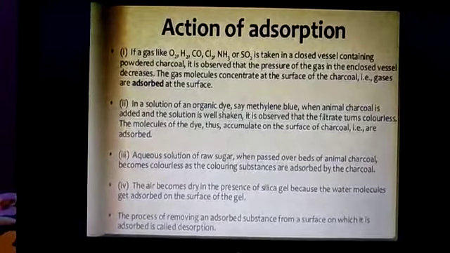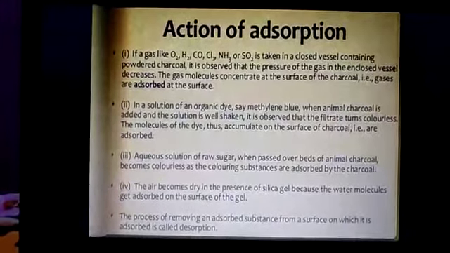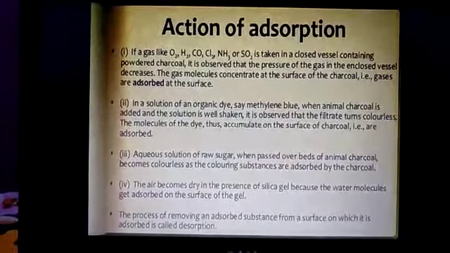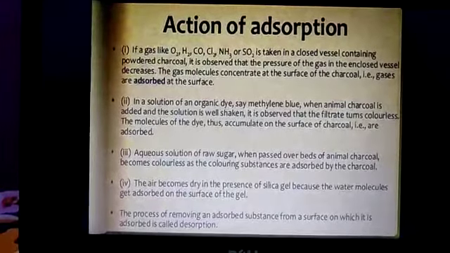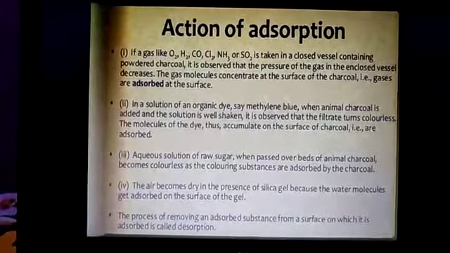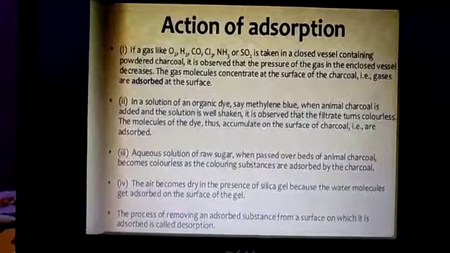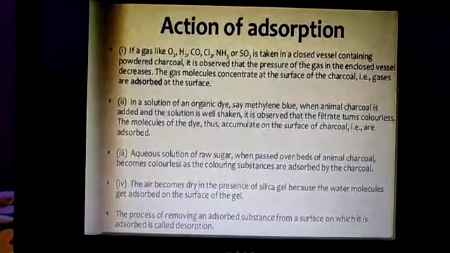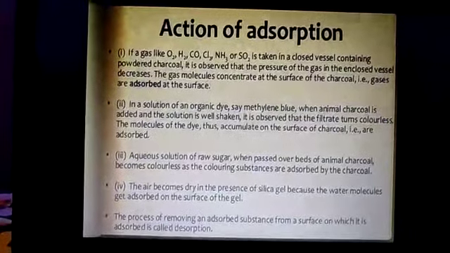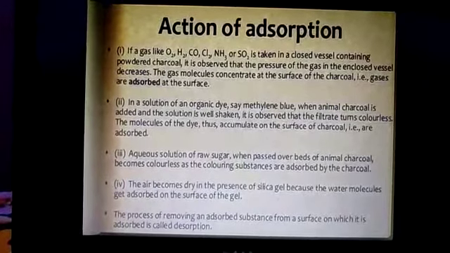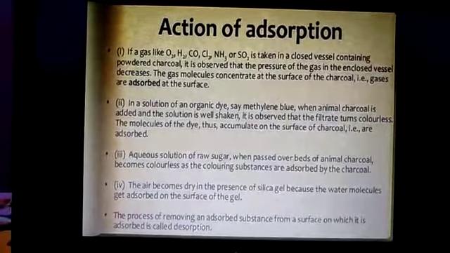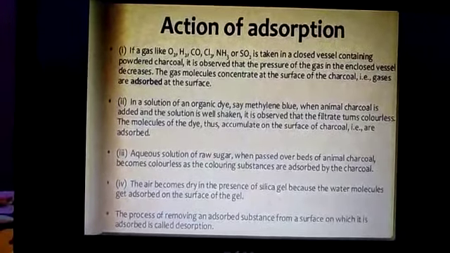Now, in a solution of an organic dye, say methylene blue, when animal charcoal is added and the solution is well shaken, it is observed that the filtrate turns colorless. The molecules of the dye thus accumulate on the surface of the charcoal. They are adsorbed.